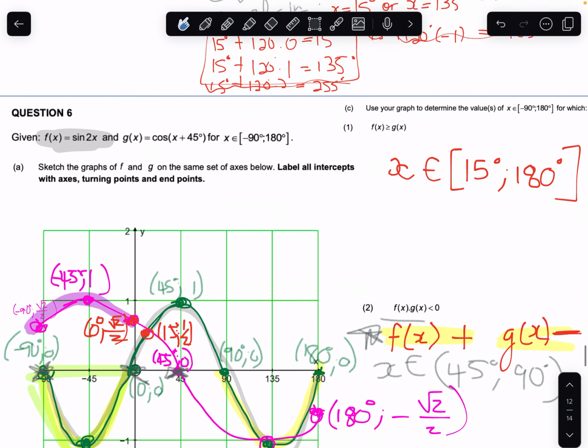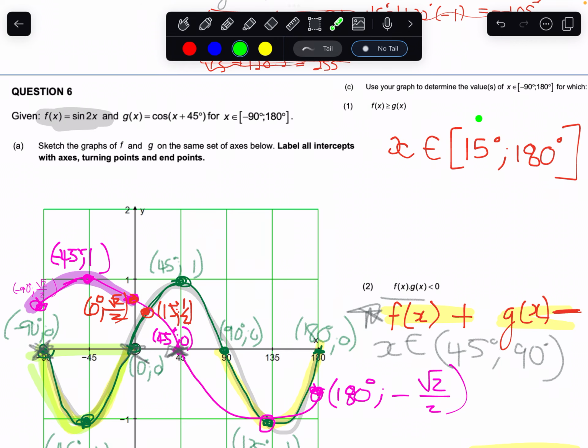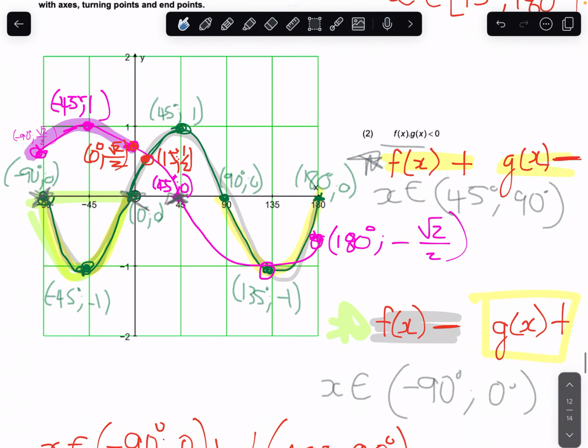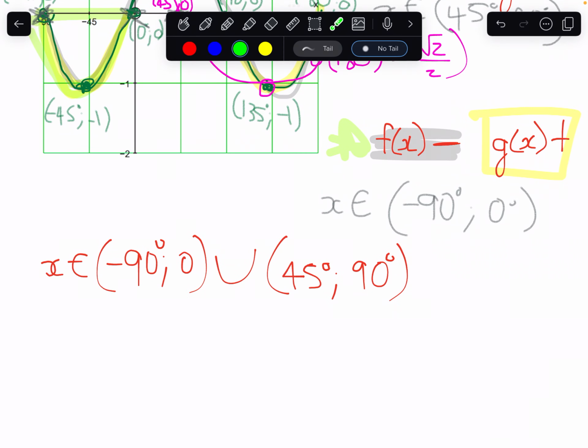Let's see if the memo agrees. So we have 15 to 180 for the first solution, yes, both boundaries included. And then for the second one, we have x is between negative 90 and 0, and x is between 45 and 90. Yeah, awesome.